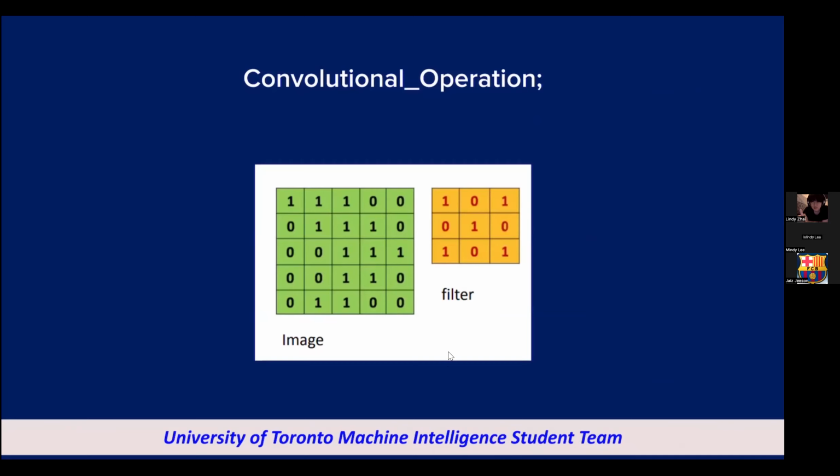On the left side, the green image is the input image that we have, and all of these entries are either 1 or 0. 1 stands for maybe the black pixel, and 0 stands for the white pixel, or maybe green and red.